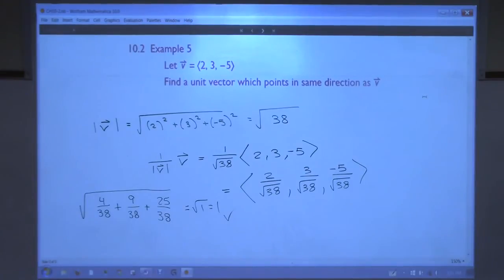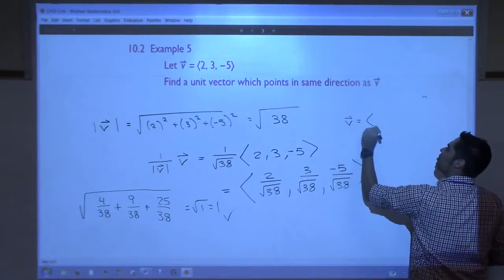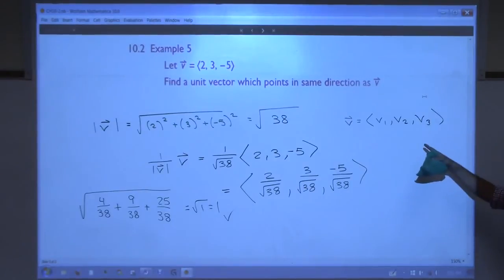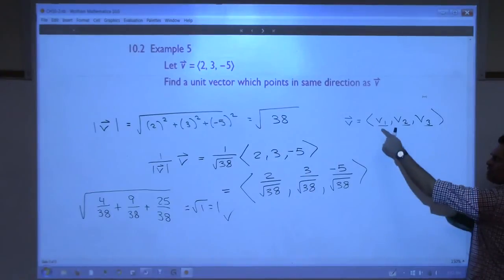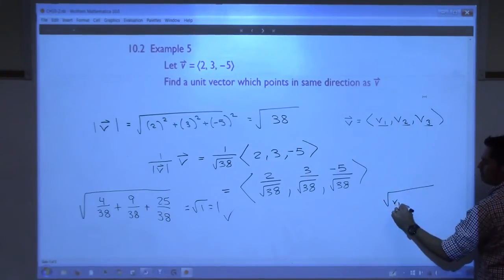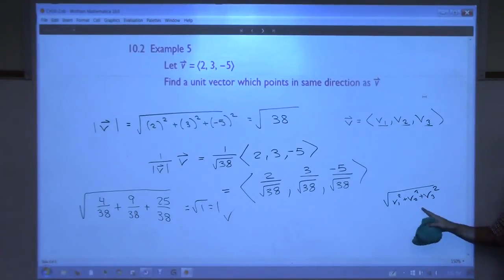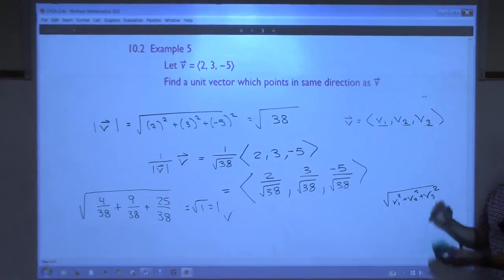Now, what you could do, which is kind of a fun exercise, is show that this is true for an arbitrary vector. I'm not going to do it, okay? If I take each one of these components and divide it by the vector's own length, that new vector, I guarantee, has a unit length.